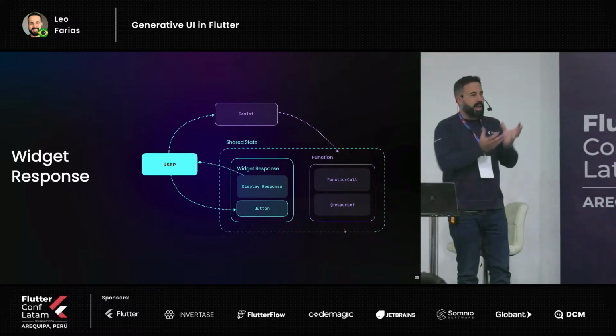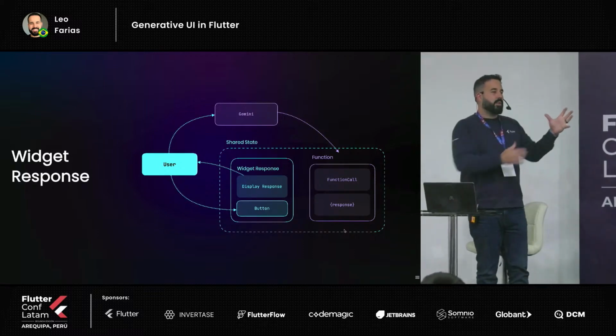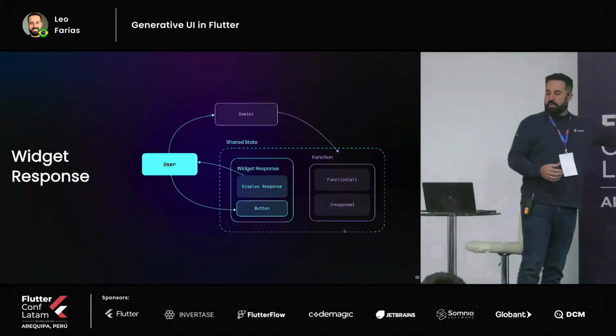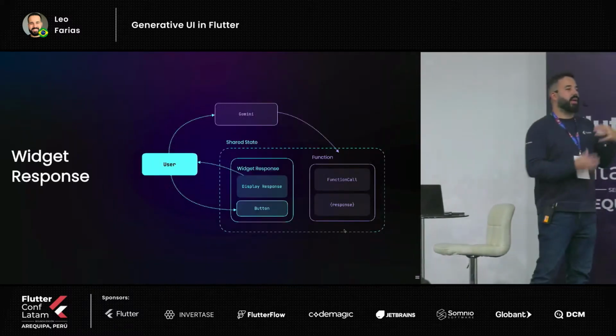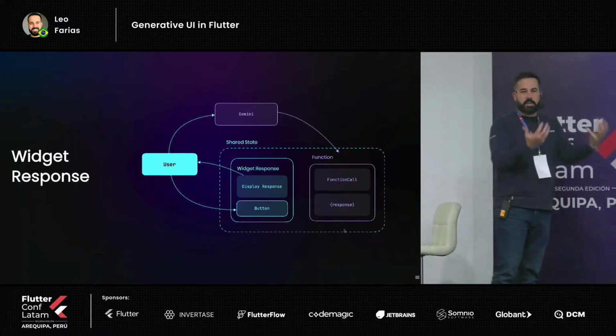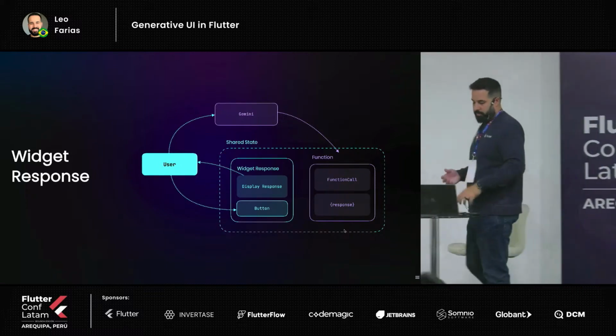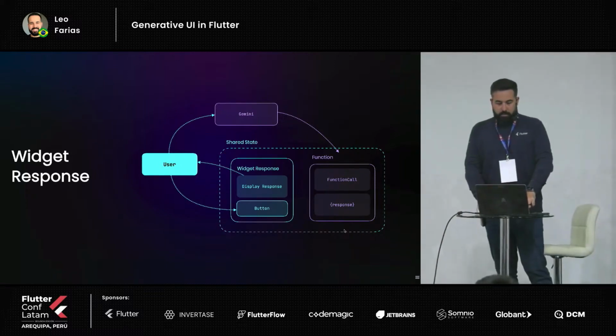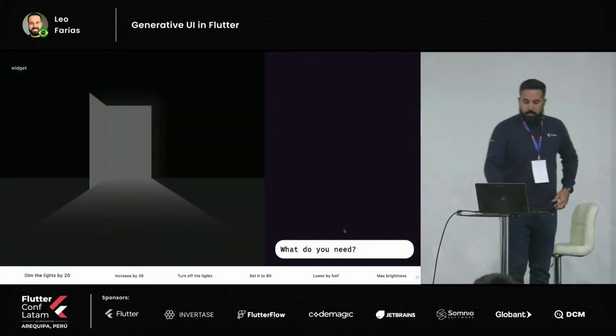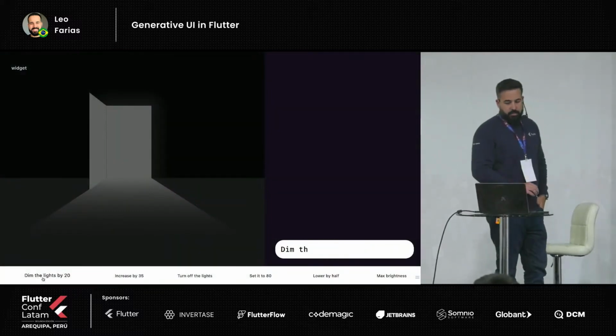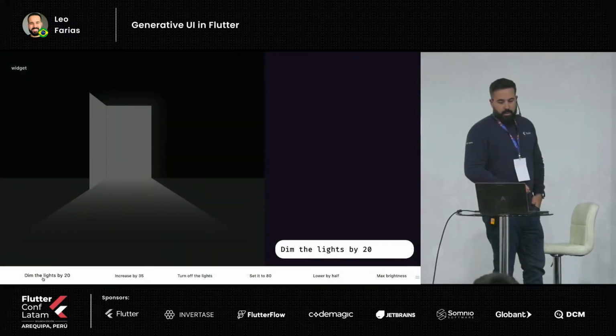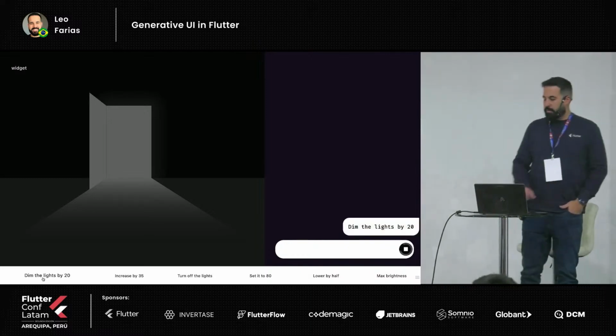So essentially, I ask something of the LLM, it's going to call, but the response is actually going to be a state that I can interact with, as I would in Flutter. So, same example. I'll go ahead and dim the lights by 20.